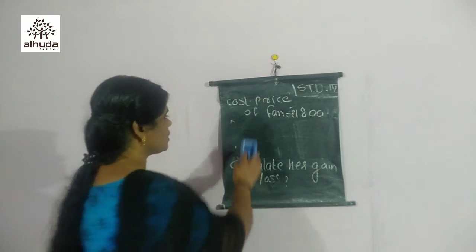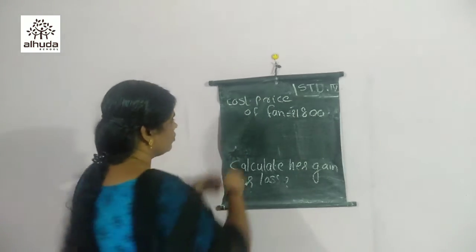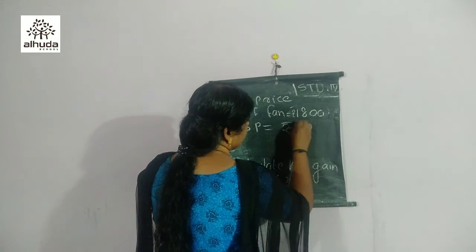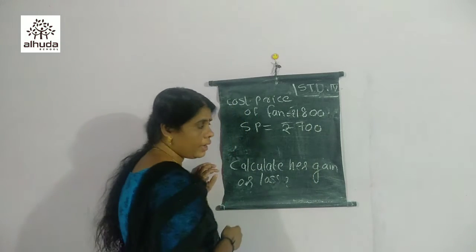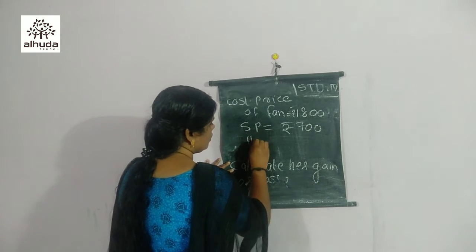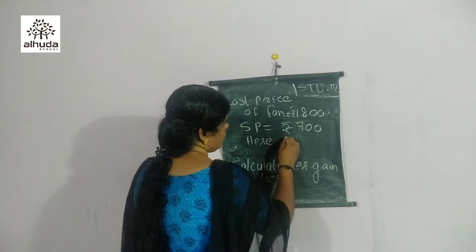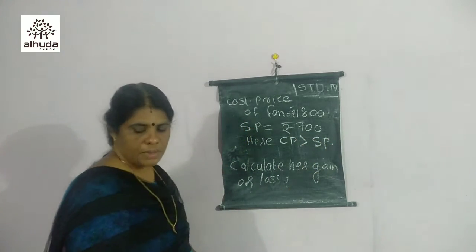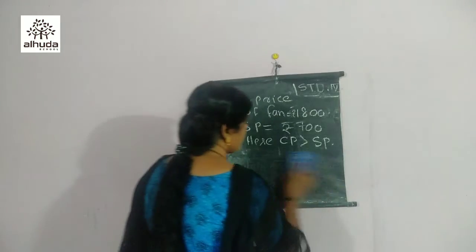So selling price is equal to rupees 700. Here CP is greater than SP.